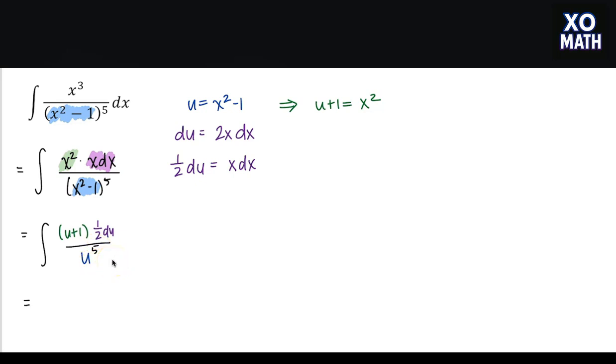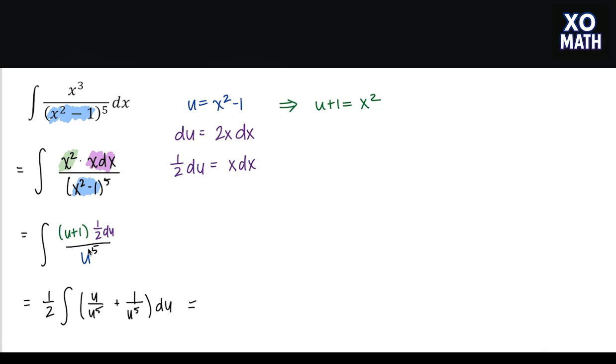Let's start to rewrite this. Let's pull out the 1/2, that constant multiple. Now we're going to split this up: u over u to the 5th plus 1 over u to the 5th du. So when I have one term on the bottom and terms on top being added, I want to split it up.